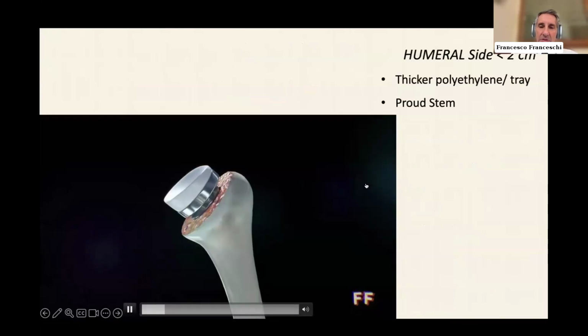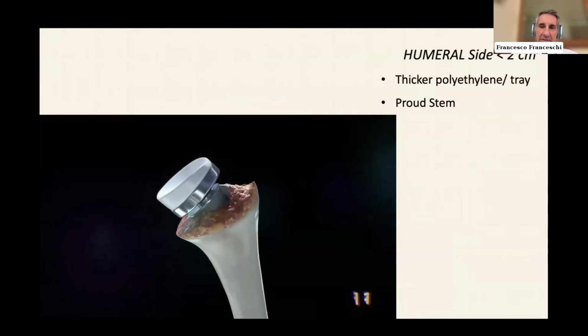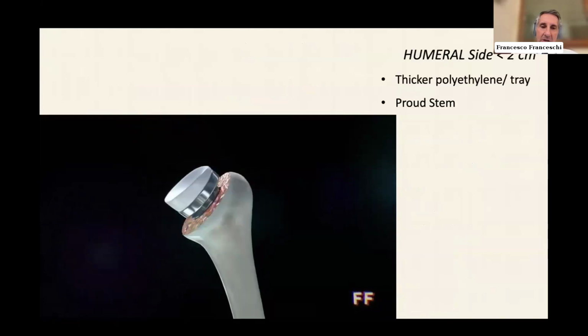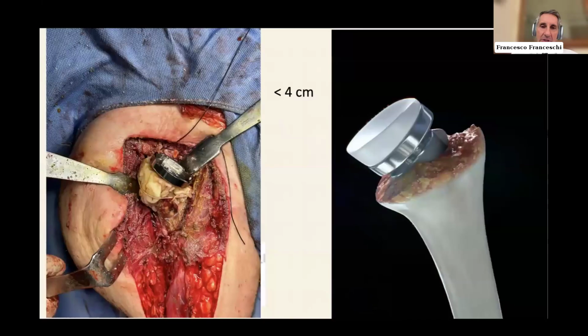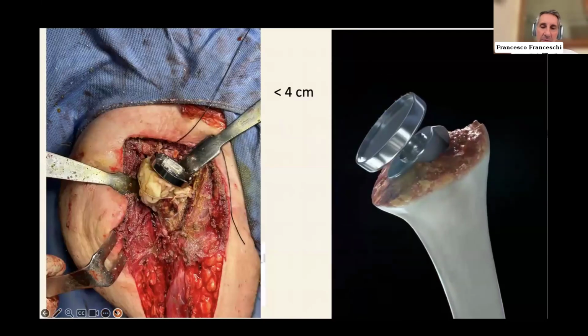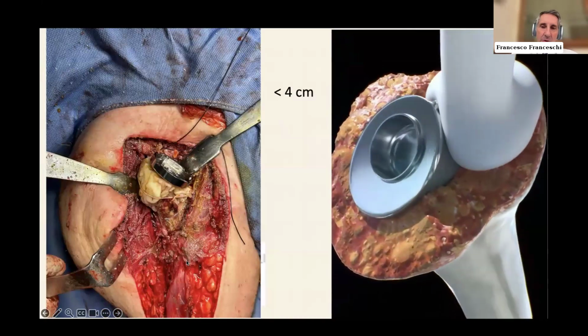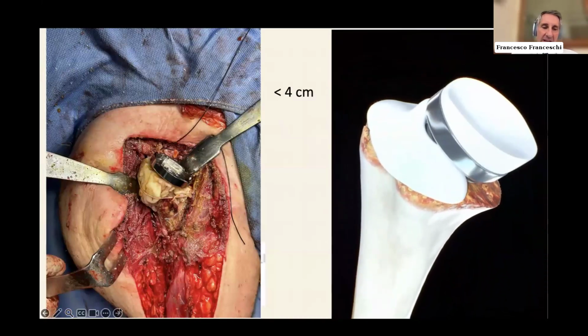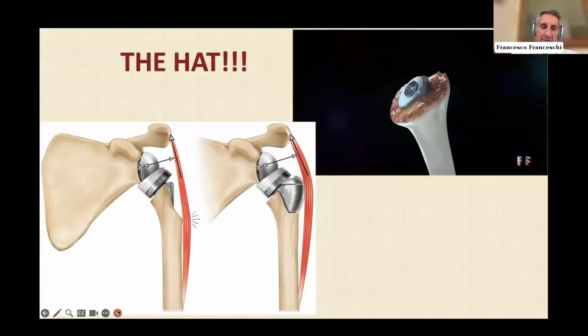This is, of course, the chance of increasing the polyethylene of the tray, or otherwise we can use the cementplasty, like we are showing in these drawings in this movie. It is really very effective sometimes to increase the deltoid wrapping.